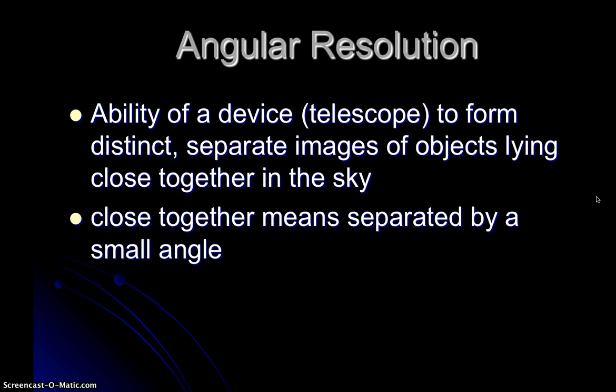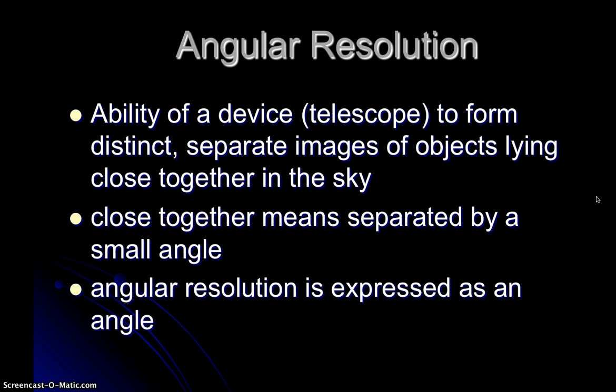Angular resolution, it's actually desirable that the angular resolution is small. Small is good for angular resolution. Try to remember that. And in terms of how we express angular resolution, it will be expressed as an angle. It'll be the smallest angle that can separate objects so that we can still see them as separate.